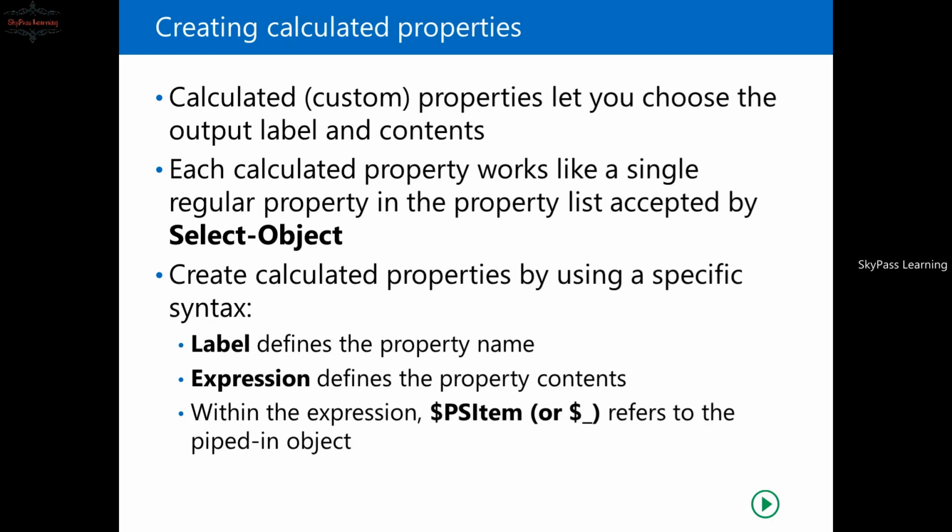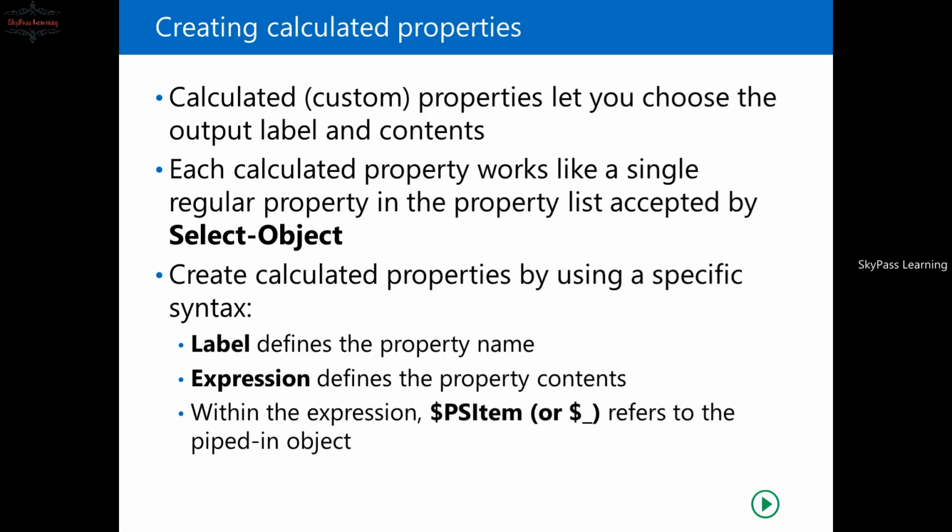It's basically working on our select object parameter, and with select object I can put a couple of expressions in the form of a label and assign a label also. So whenever we use select object, that can create your custom or calculated properties.